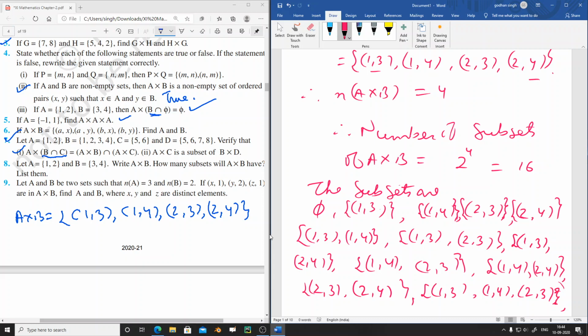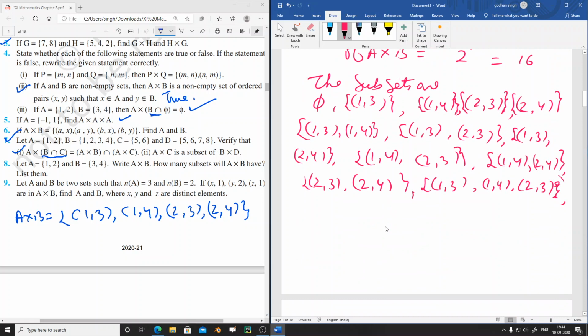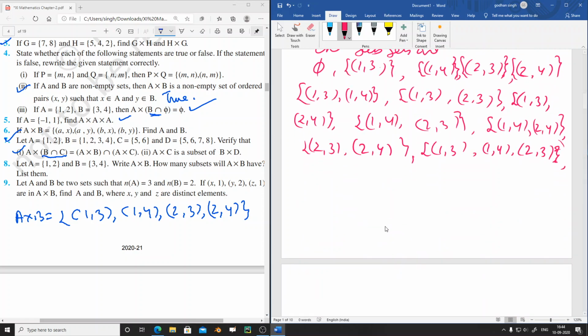Next we take (1,4), (2,3) and (2,4). What we have done is first, second and third, then second, third, fourth. Now let us take third, fourth and first. So we get (2,3), (2,4) and (1,3).